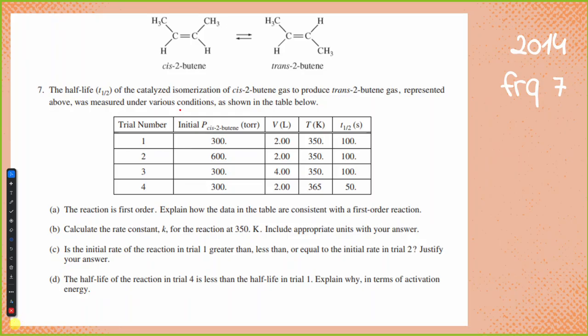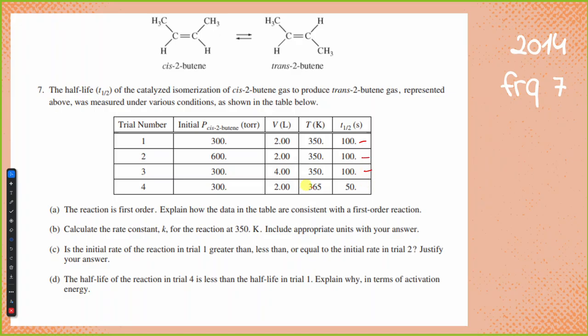This one's from 2014, so we have half-life of the cis-2-butene, trans-2-butene reaction, and various conditions here shown in the table. All right, so the half-life telling us right here, initial pressure of the cis-2-butene, looks like these are in gases, volume, temperature, initial pressure, half-life is 100, initial pressure, half-life is 100.